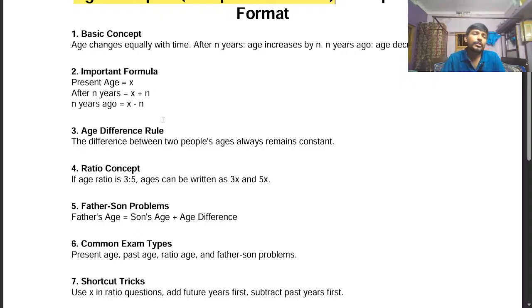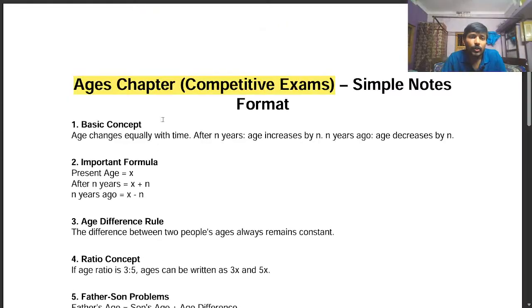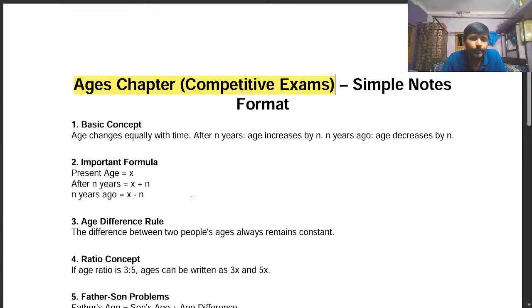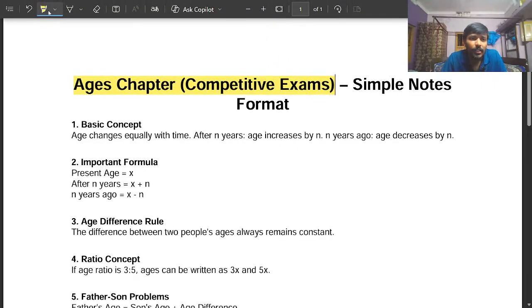In this chapter, I will clarify the concept and I will also teach you some examples so that you can get it very easily.